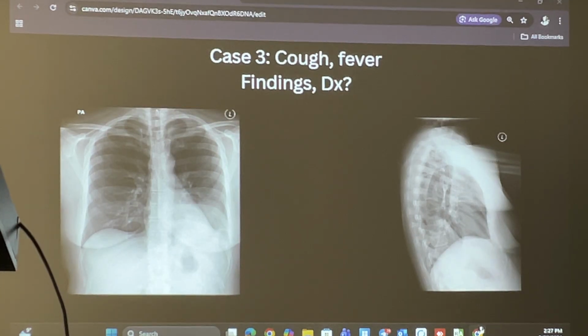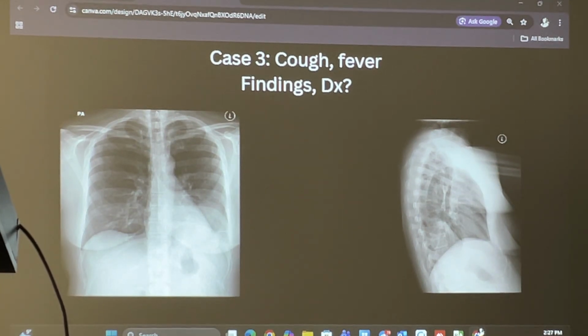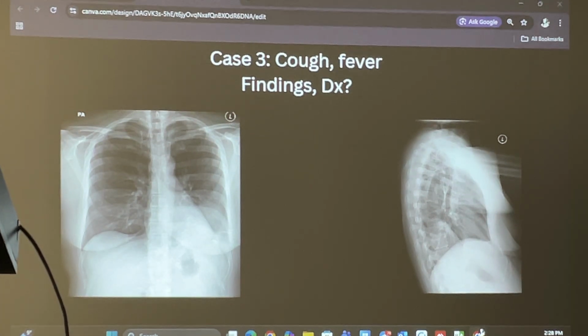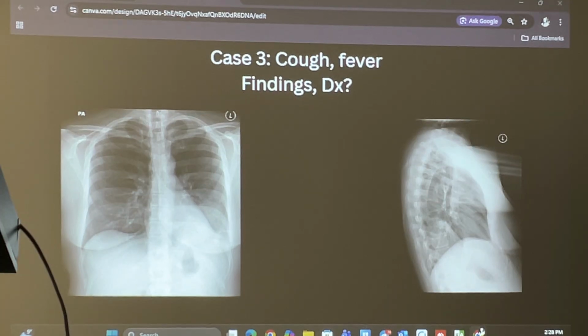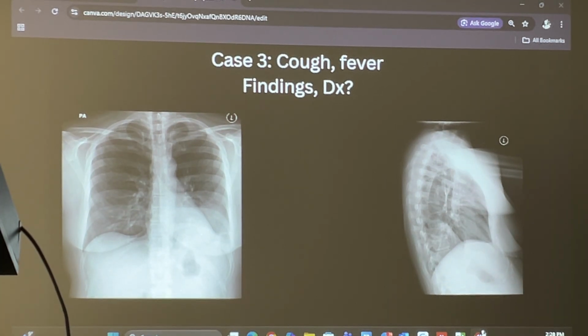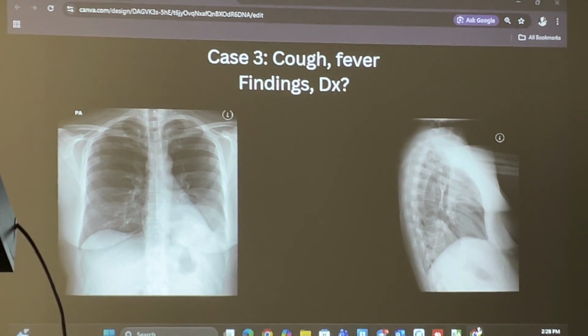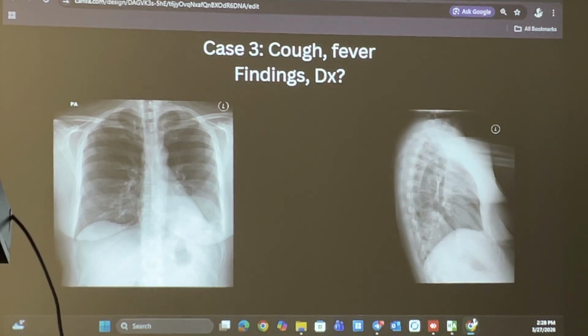Another case, we have again cough, fever. Findings and diagnosis? Right or left?